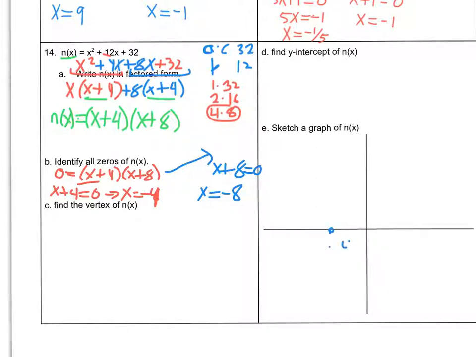Here's negative 4. Here's negative 8. I'd like you to notice I didn't put any tick marks. That's just to kind of keep this graph a little bit loosey-goosey. We're going to have some other things we have to deal with big numbers as we go. To find the vertex, I know this is going to happen in the middle of the zeros.